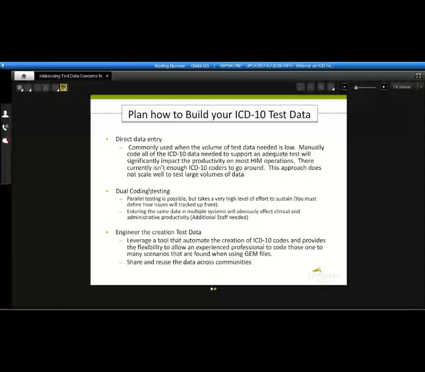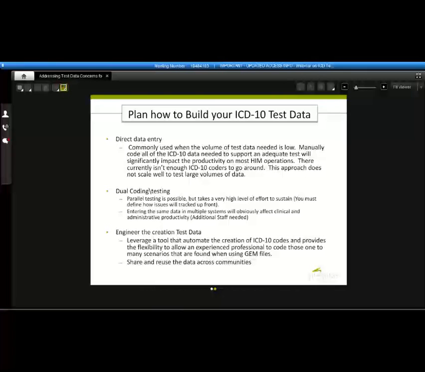But the idea is that you're going to code ICD9 in your current production system, and then in a test environment, code ICD10. That's good in thought, but in practice it's a very difficult task to accomplish, and difficult to manage because, again, going back to control and management, all of that has to be managed in order to understand all of the issues associated with what you're doing, which could potentially impact your productivity, and that is the opposite of the outcomes that we desire.